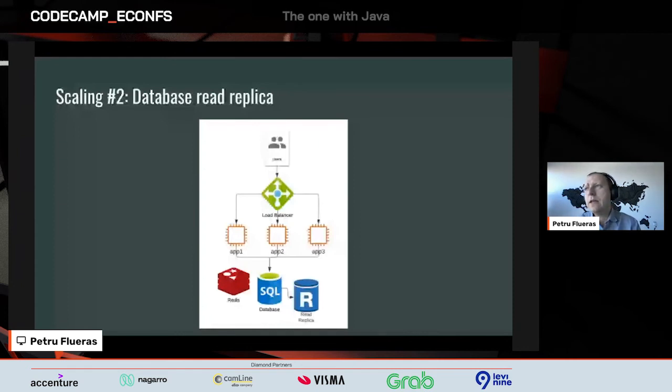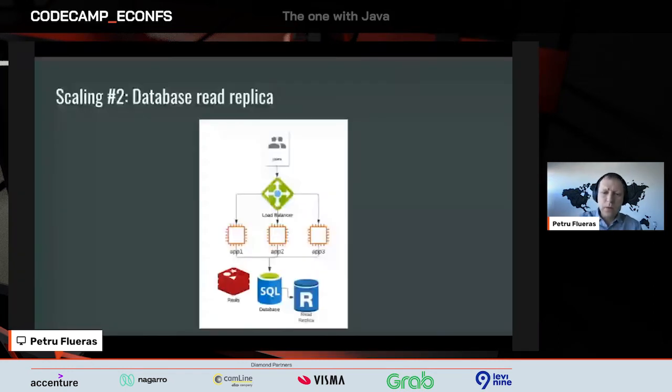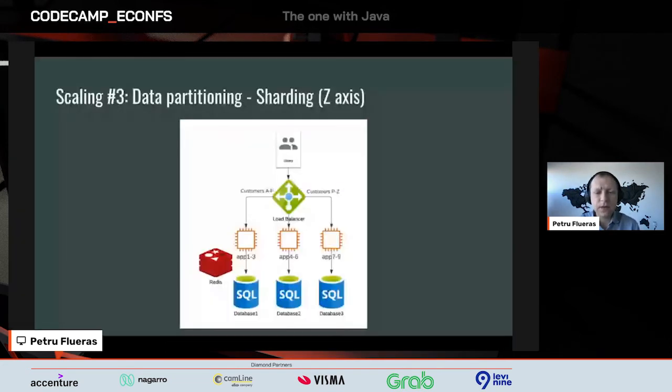Okay, there comes a time when this approach is also not viable anymore. Once again, we are still with our monolith. We can go and perform sharding. We can take the customers and split them across 3 independent databases.